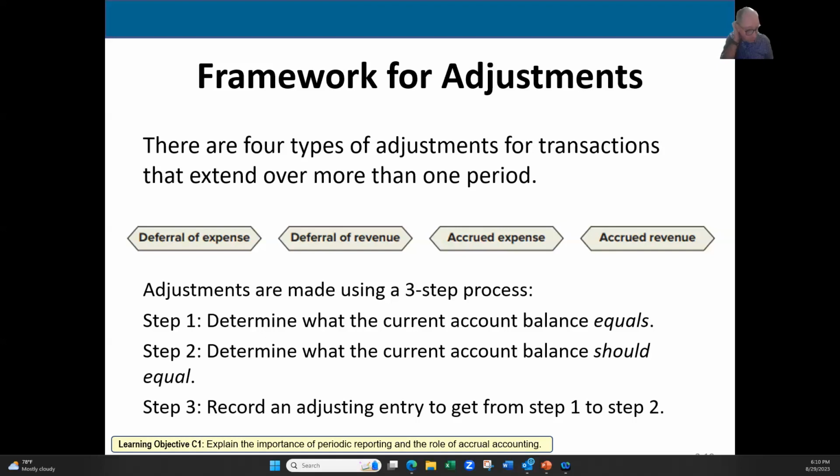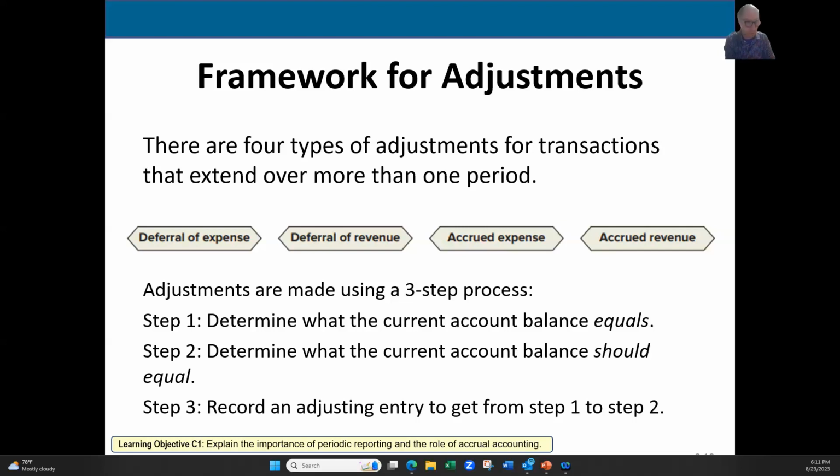Here's the difference between deferral and accrual. Deferral means we haven't paid it yet. If we deferred, delayed, deferred. Accrual means we accrued, added up the expense or the revenue.